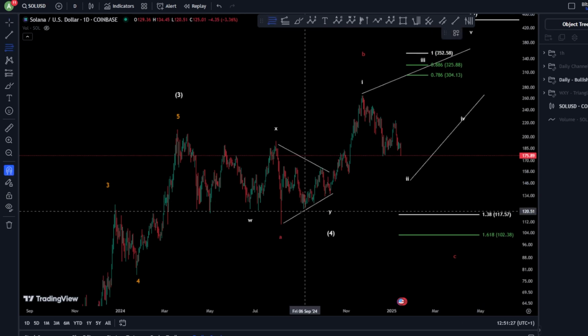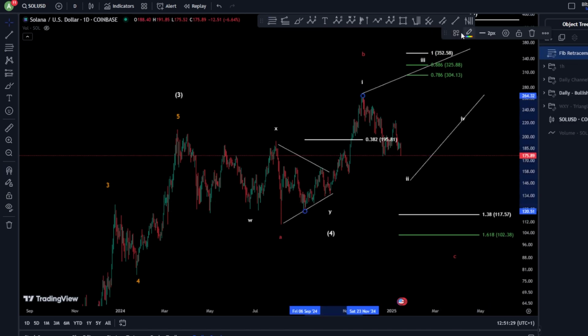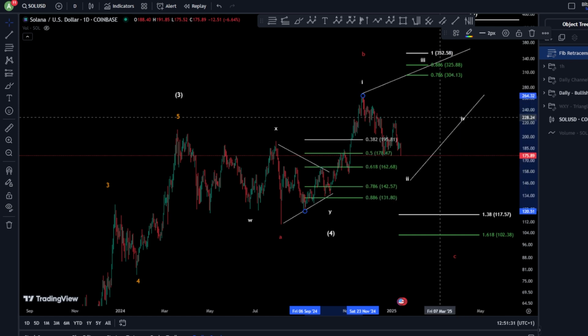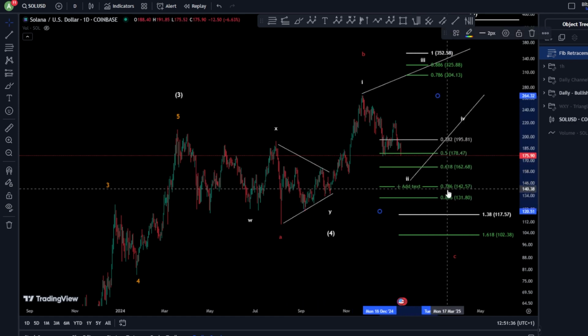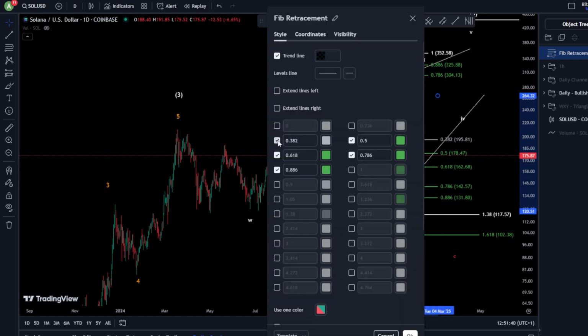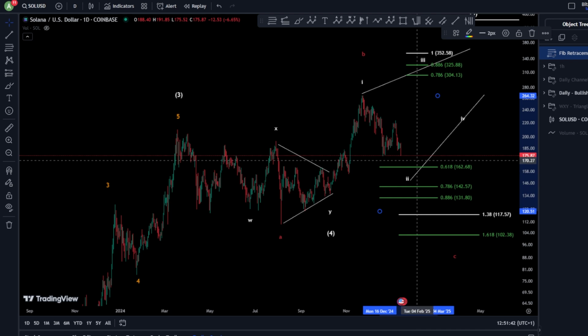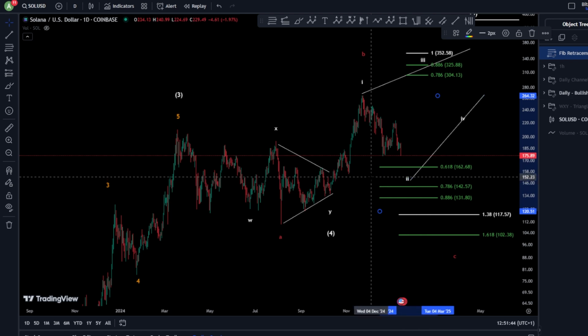This target right now is your wave 2 as a diagonal, with targets preferably hit around the 0.618 and the 0.78. Now, these are already hit and gone, so these are our next targets.